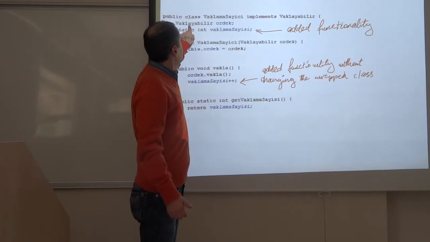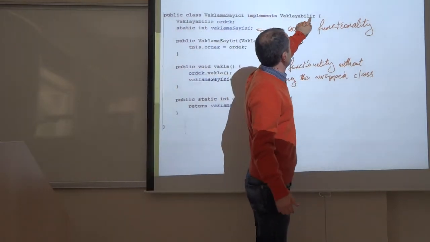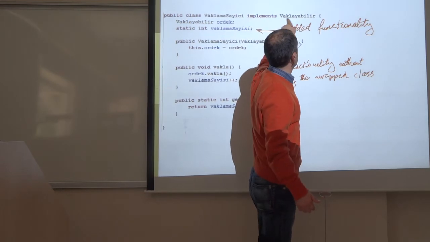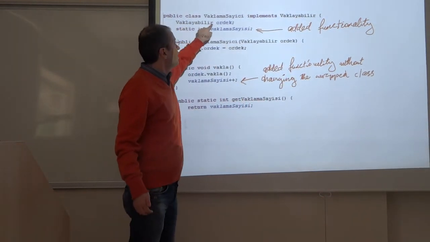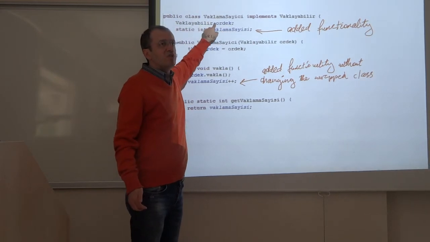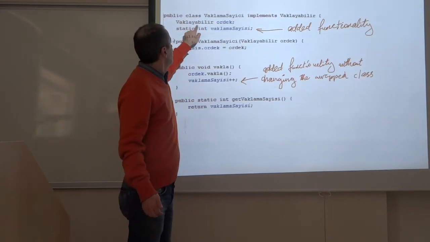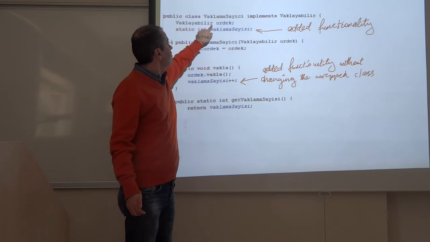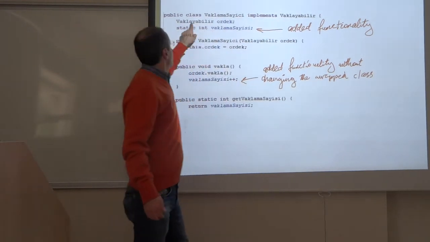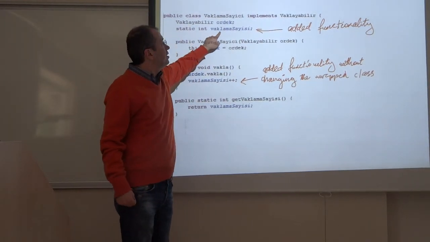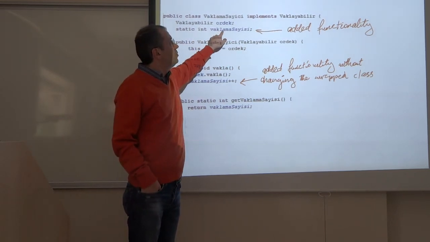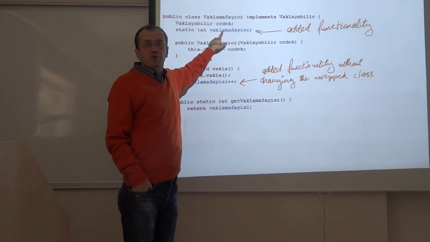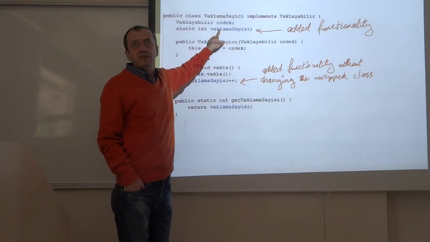It is itself using this interface, but at the same time it has a duck inside it under the very same interface. In addition to that, we have a static integer to count the number of quacks that it is making.